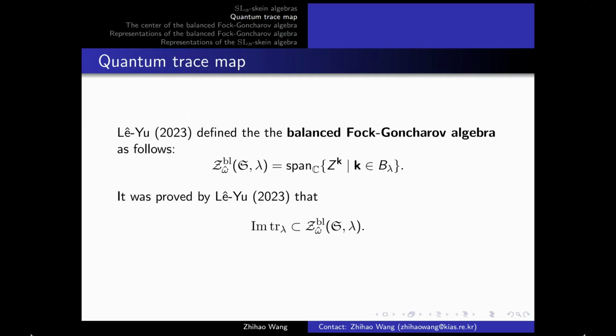And because V lambda is a subalgebra, you can easily prove that the balanced part is a subalgebra of the Z quantum torus, and it was proved by Li and Yu that the image of the quantum trace map is contained in the balanced part. Also in this talk, I will study this balanced part, the center of this balanced part, and the representation theory of this balanced part.